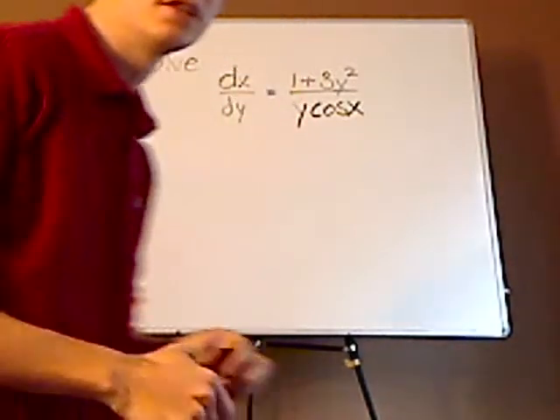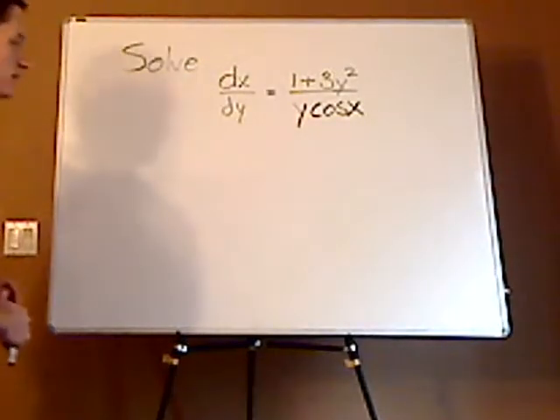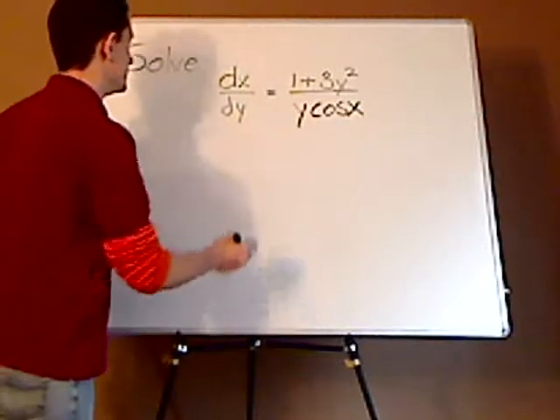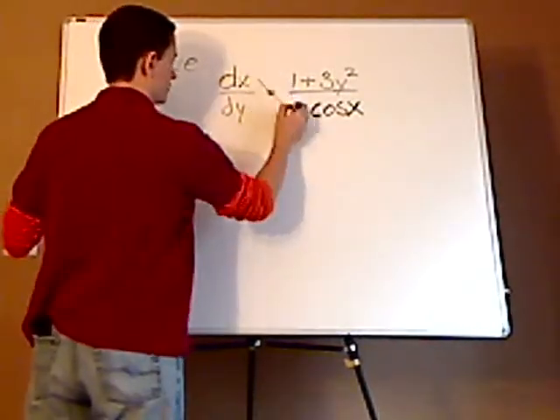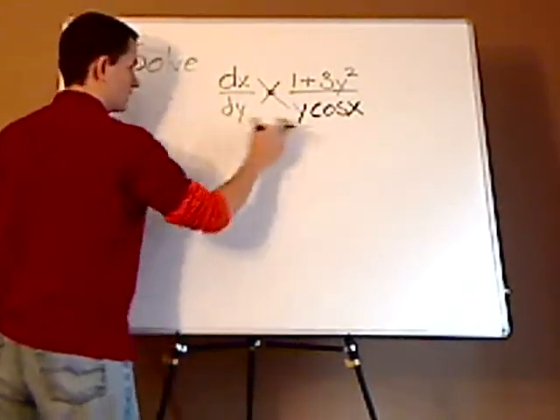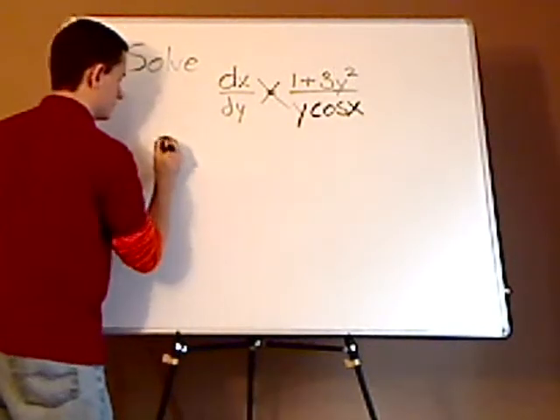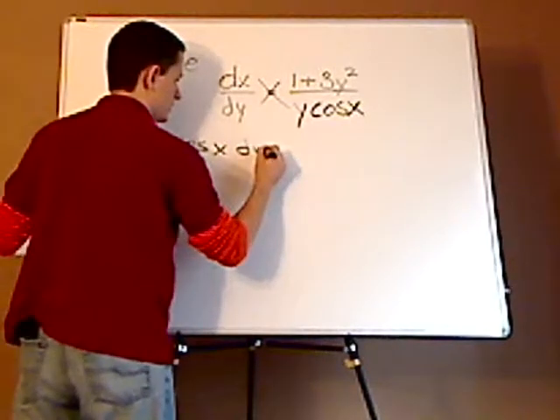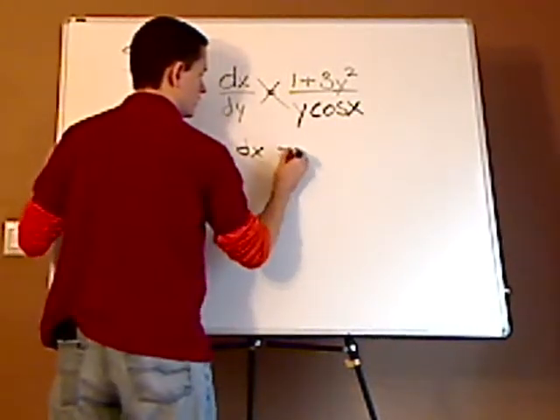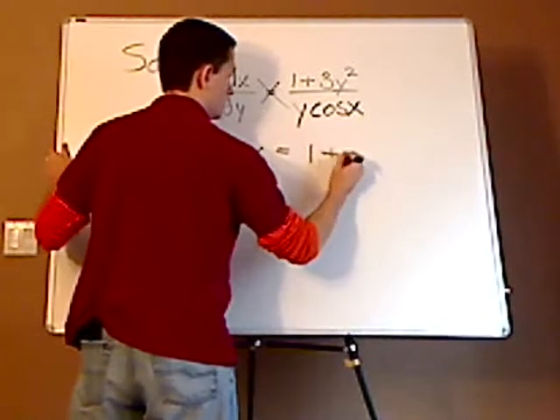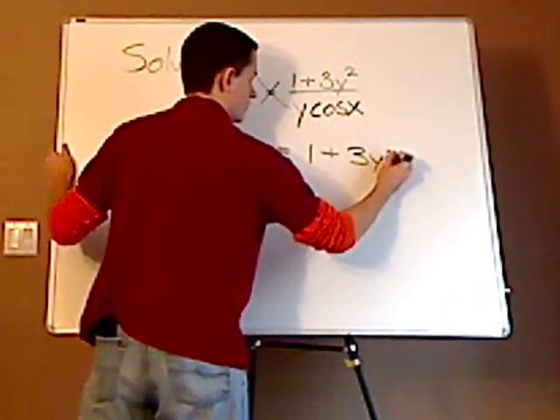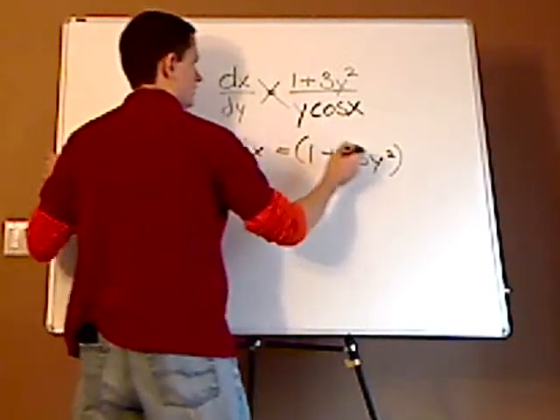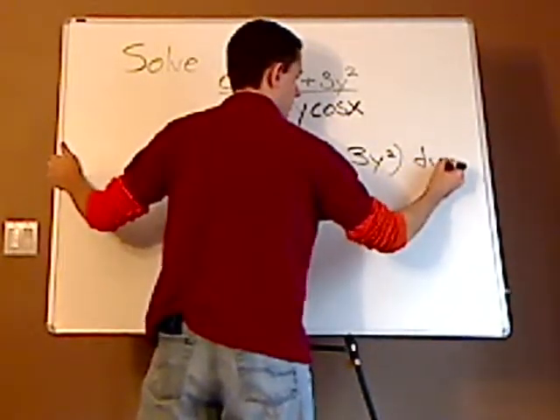Alright, if you notice that this is a separable differential equation, meaning that you can simply cross multiply. When you cross multiply this, you have y cosine x dx equals (1 plus 3y squared) dy.